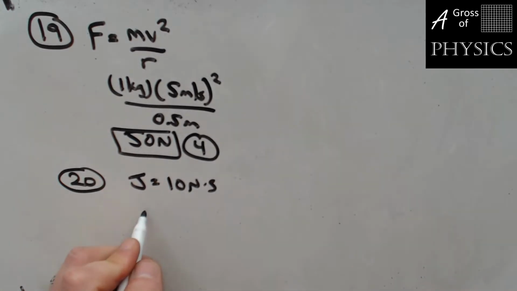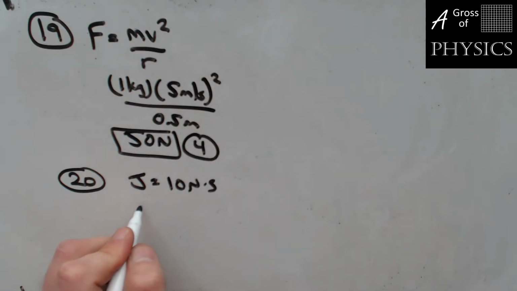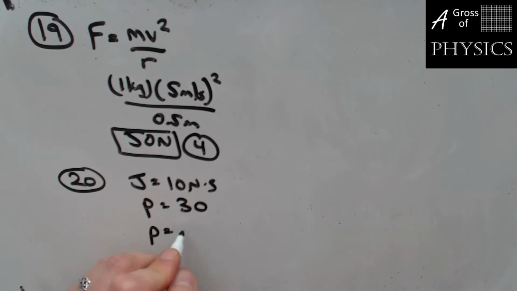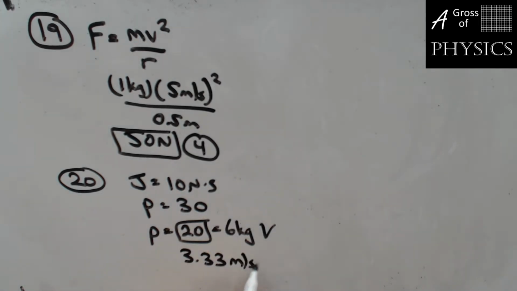So it starts with a momentum of 30, it loses 10, so the momentum after is 20. And it is a 6 kilogram block, and we want to find out what the new speed is. Okay, 20 divided by 6, which is 3.33 meters per second. Choice 2.